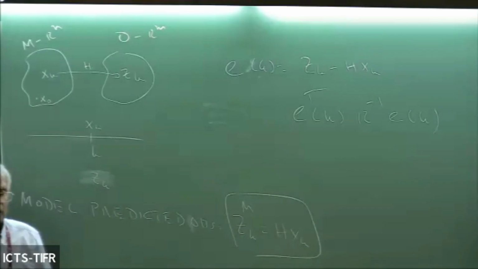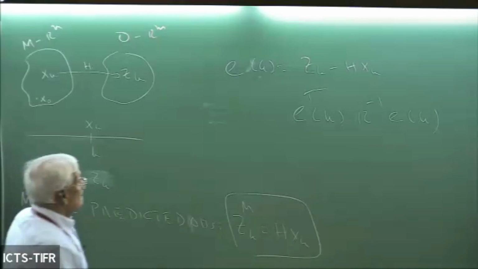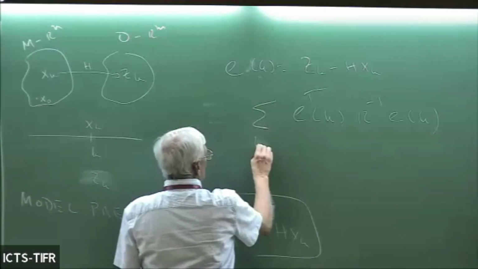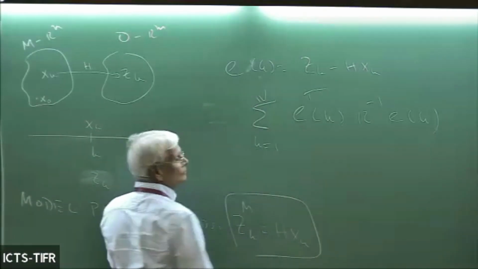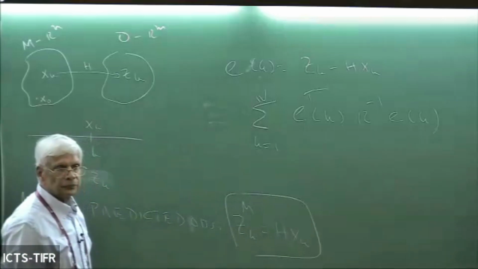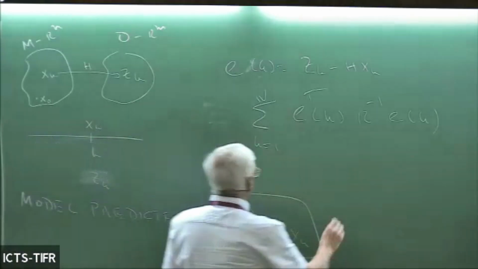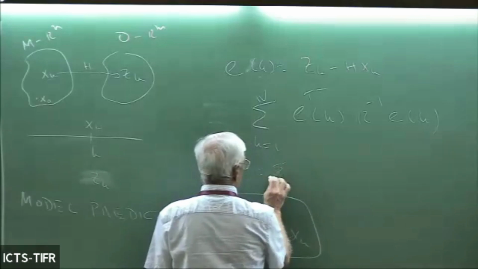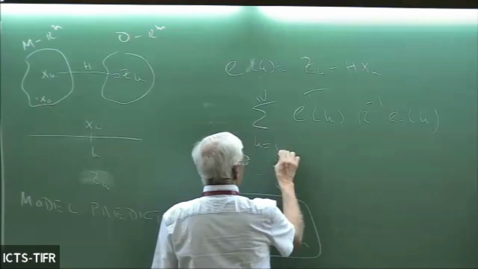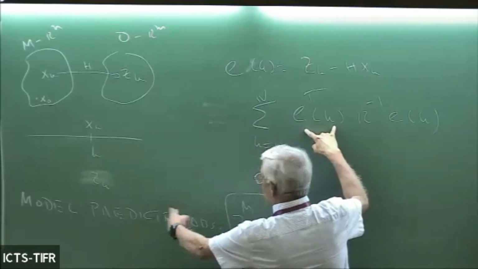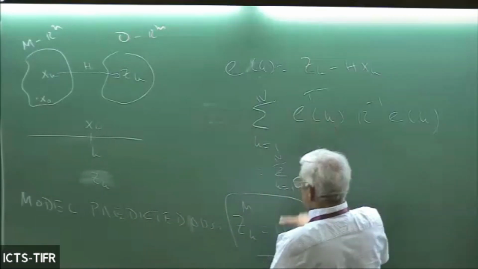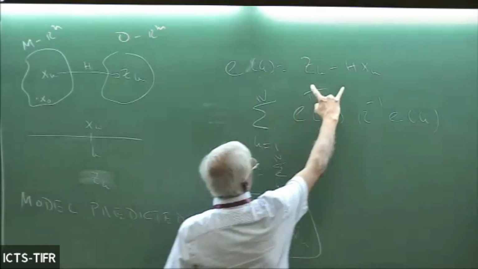How many of you are with me? That's right. But I have k running from 1 to N, and this I can write as the summation k equals 1 to N. What is E_k? Let me put that in now. E_k is Z_k minus h of x_k.